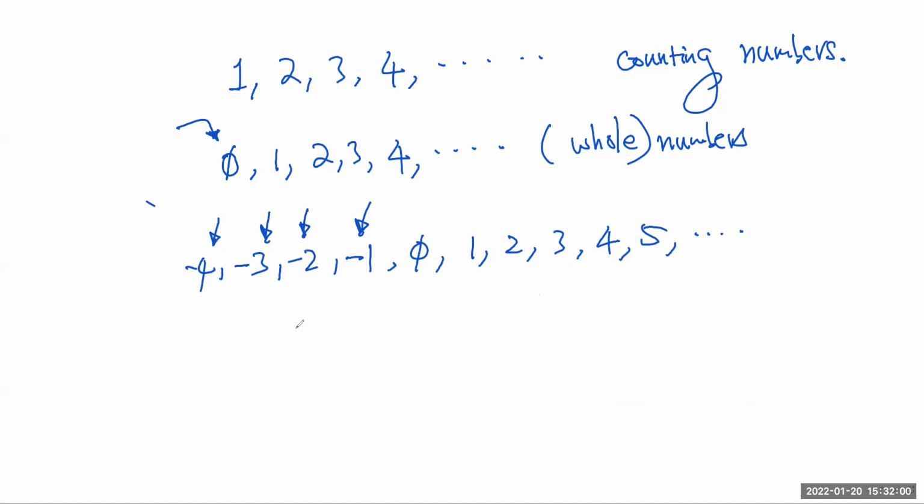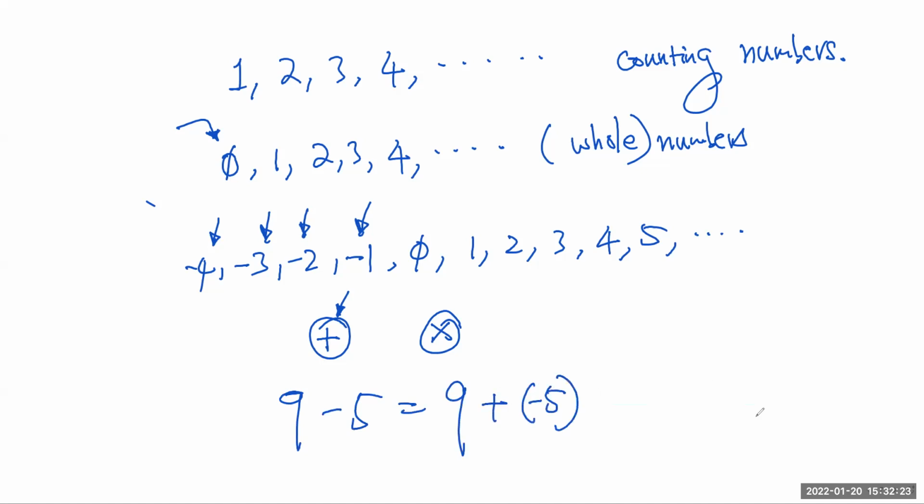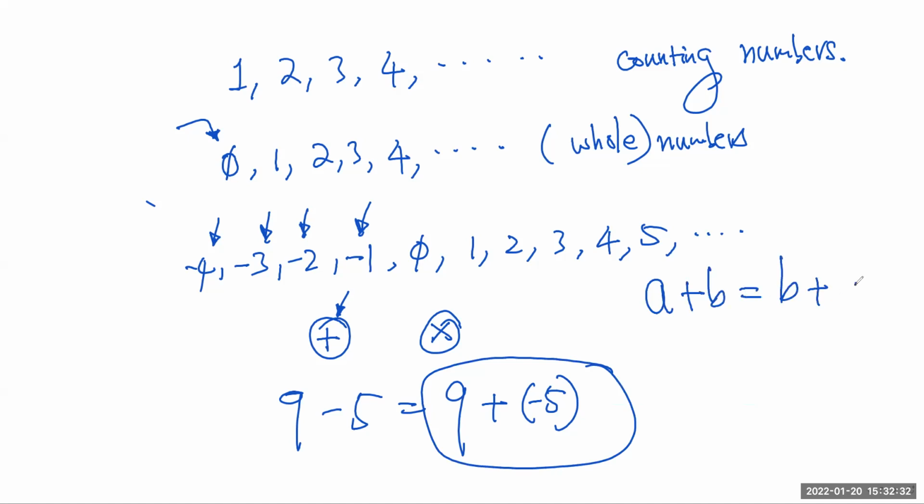So that's why in algebra, we only have addition. That covers everything. When we have the rules of algebra, we are just concerned about addition and multiplication. Okay. Yeah. Because any subtraction can become, say, 9 minus 5, that can become 9 plus -5. Good? Yes. And now we have, remember, A plus B is equal to B plus A, right?